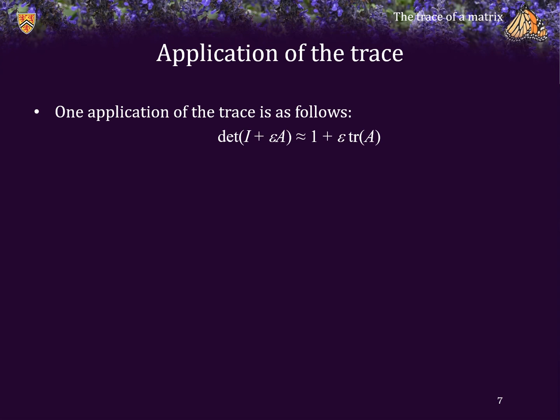Consequently, we'd like to know how much a small perturbation of the system may affect the results. Well, part of that is the following. The determinant of the identity plus epsilon times a matrix of the same dimension is approximately equal to 1 plus epsilon times the trace of that matrix. And this is for sufficiently small epsilon.